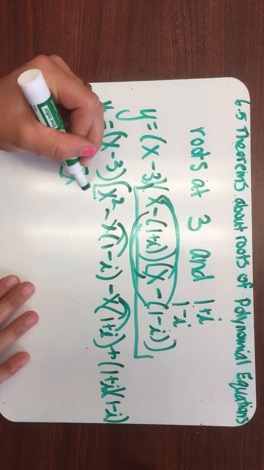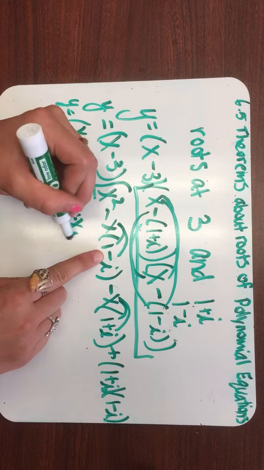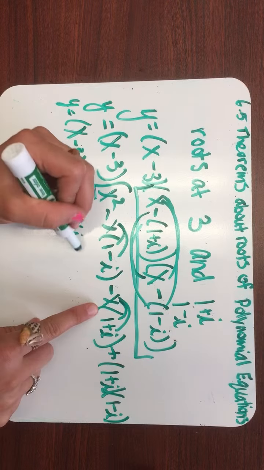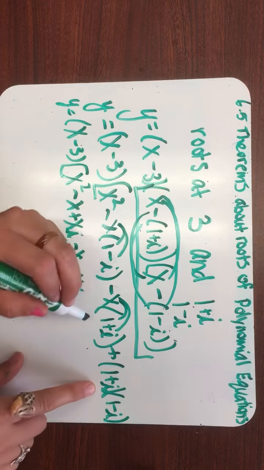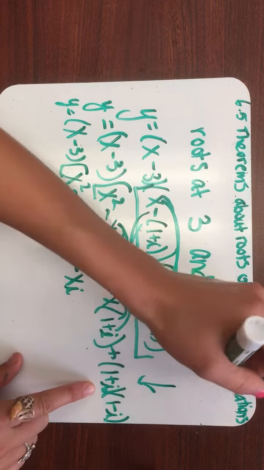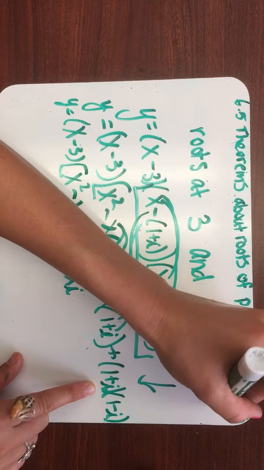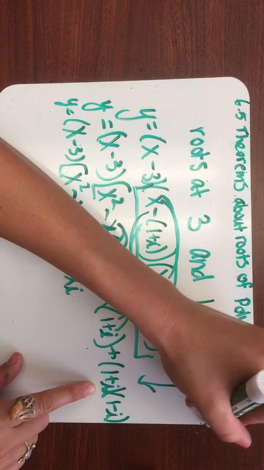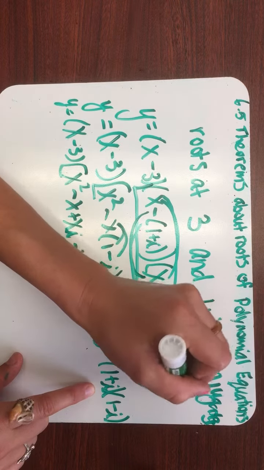And we get x squared minus x plus xi minus x minus xi. And then here we know that these are conjugates. So since they are conjugates, you do not have to FOIL the whole thing out.